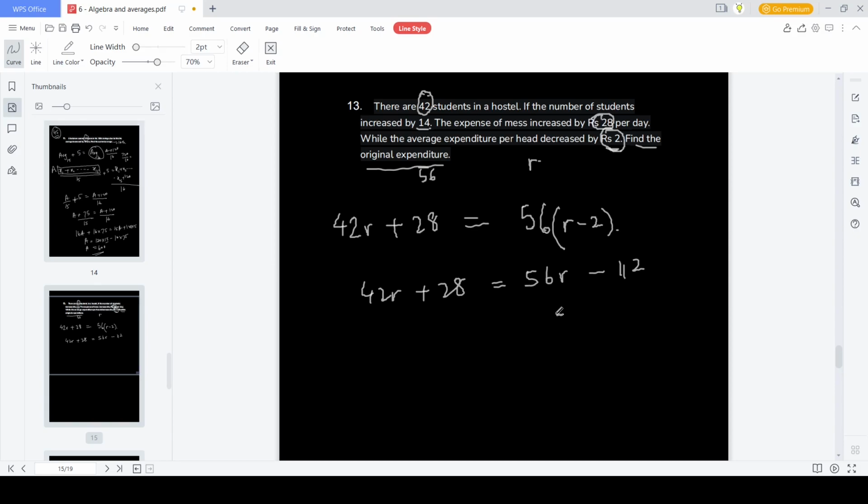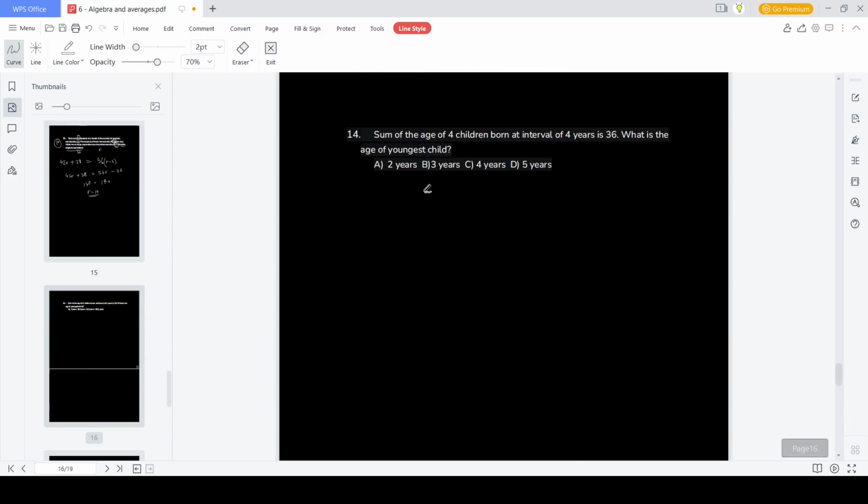So I will get 14R is equal to 140. So R is equal to 10 rupees per day. So the initial cost per head, per student, is nothing but 10 rupees per student. That's it.